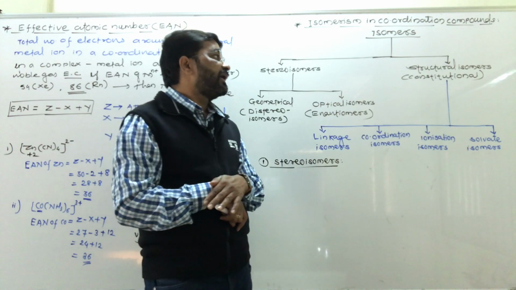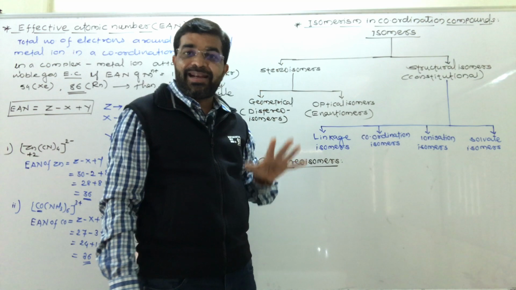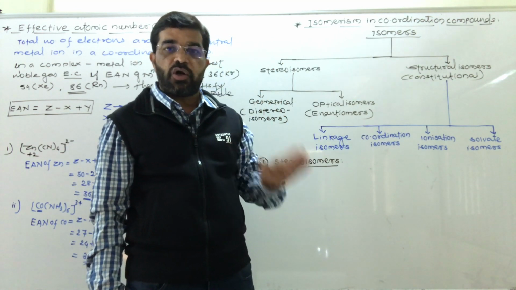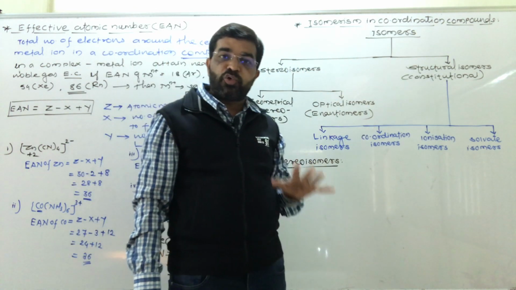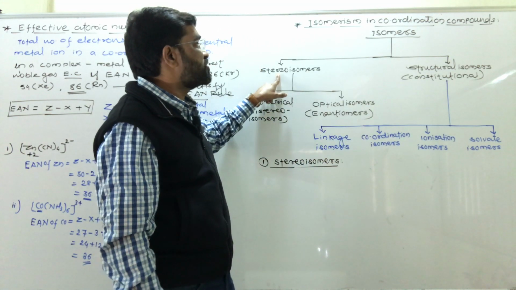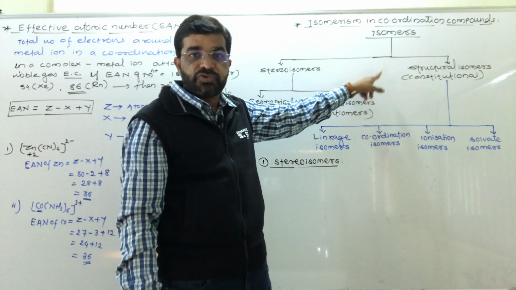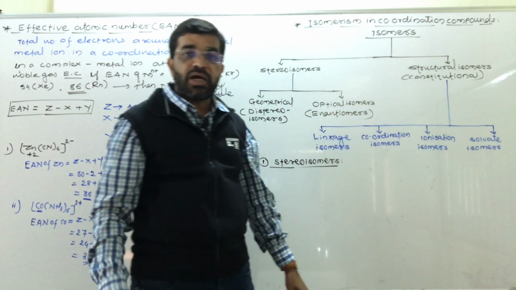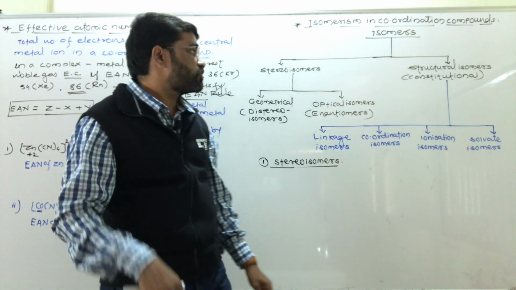You see a chart in which we get an idea about the types of isomers of complexes or coordination compound, that is isomers. Mainly there are two types of isomers of complexes or coordination compound, that is stereoisomers and structural isomers. Structural isomers are also called constitutional isomers.